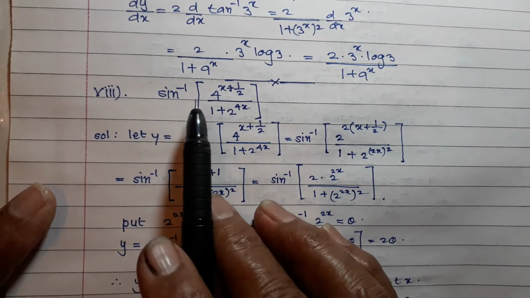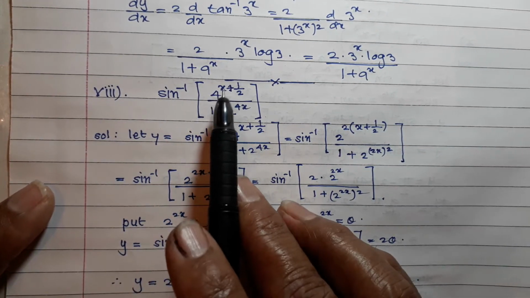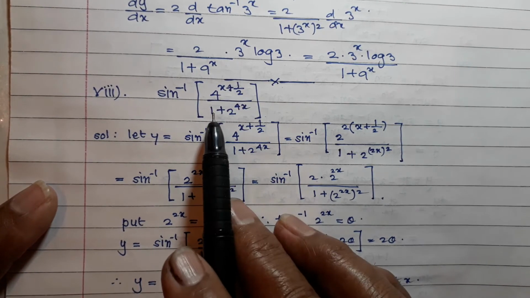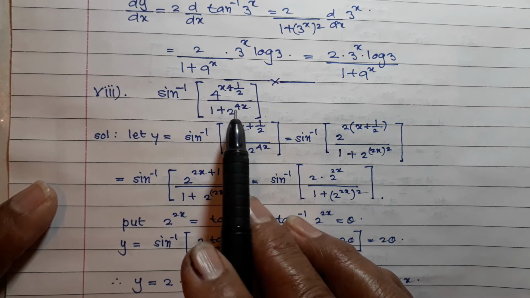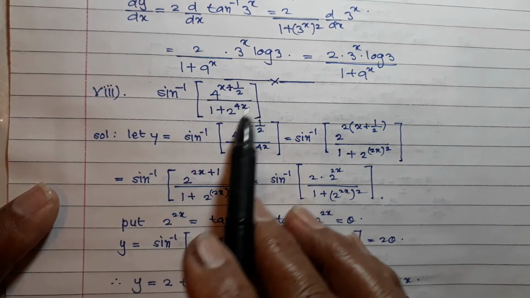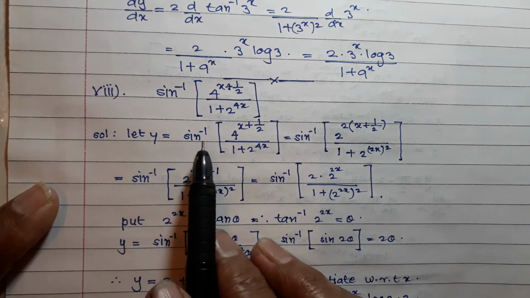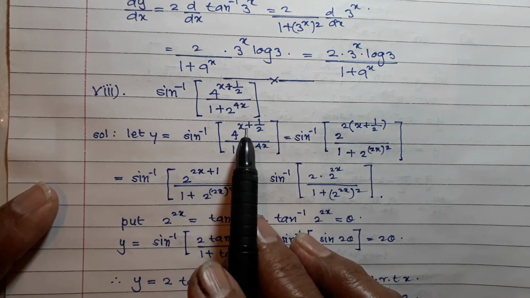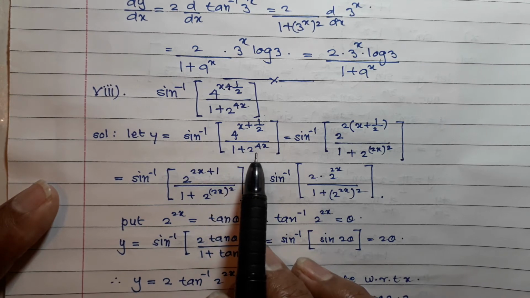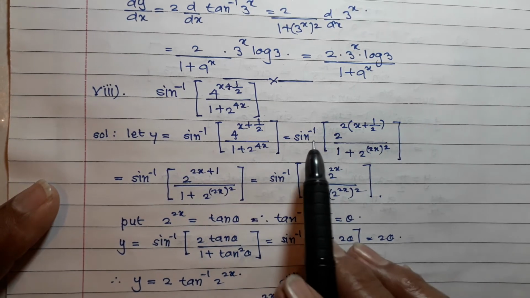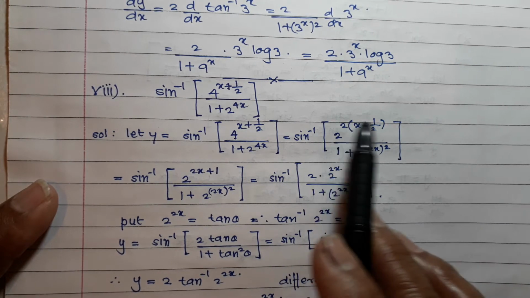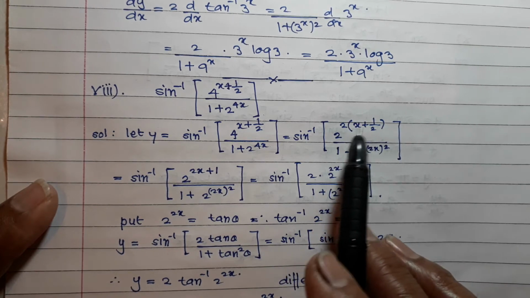Question number 8. Sine inverse of (4 raised to x plus 1) upon 2 upon... now this you simplify. Let y is equal to sine inverse of 4 raised to (x plus 1) upon 2 upon (1 plus 2 raised to 4x). Now here I use the law of indices.